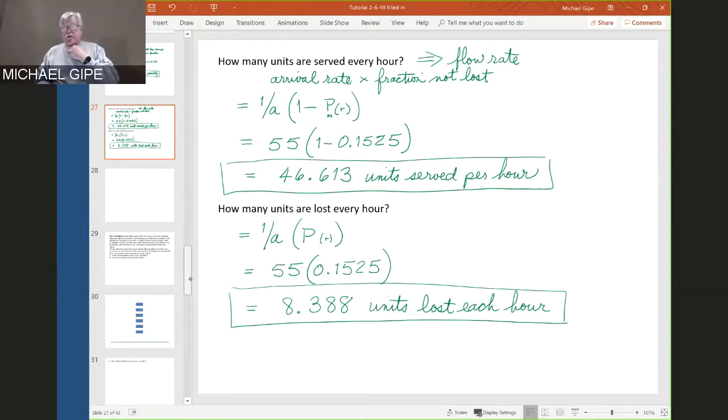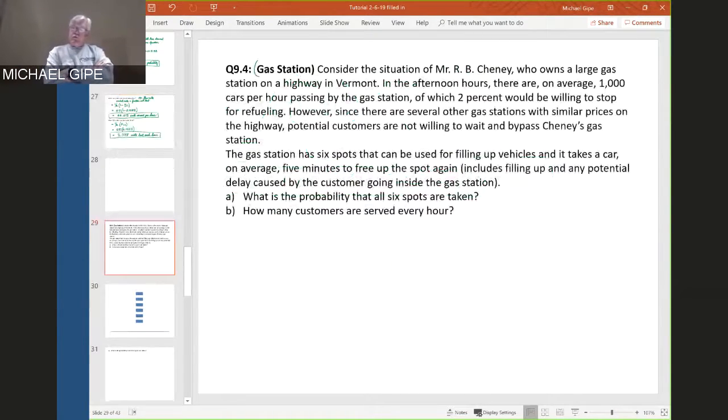And this one's interesting. I like this one. We have Mr. R.B. Cheney, who owns a large gas station on a highway in Vermont. In the afternoon hours, there are on average 1,000 cars per hour passing by. 1,000 cars per hour. 2% willing to stop for gas.